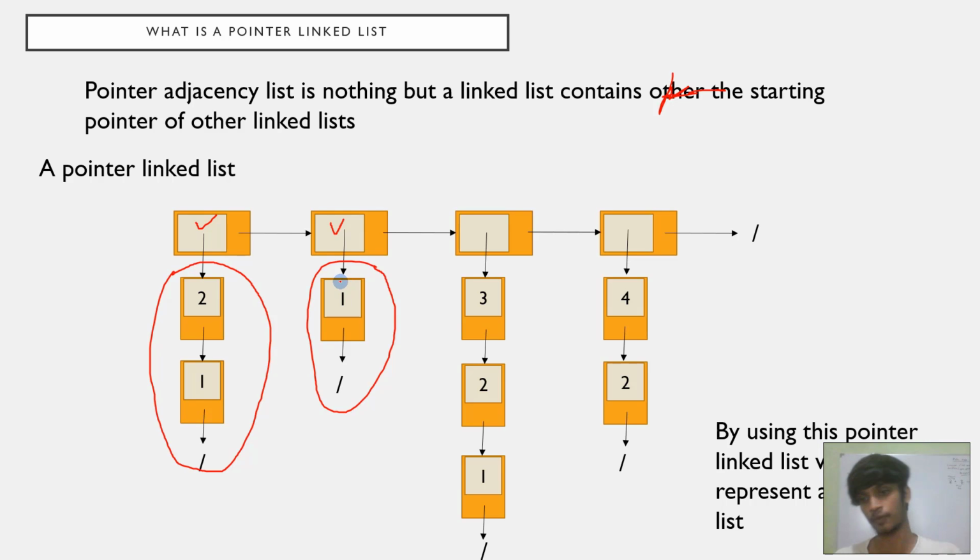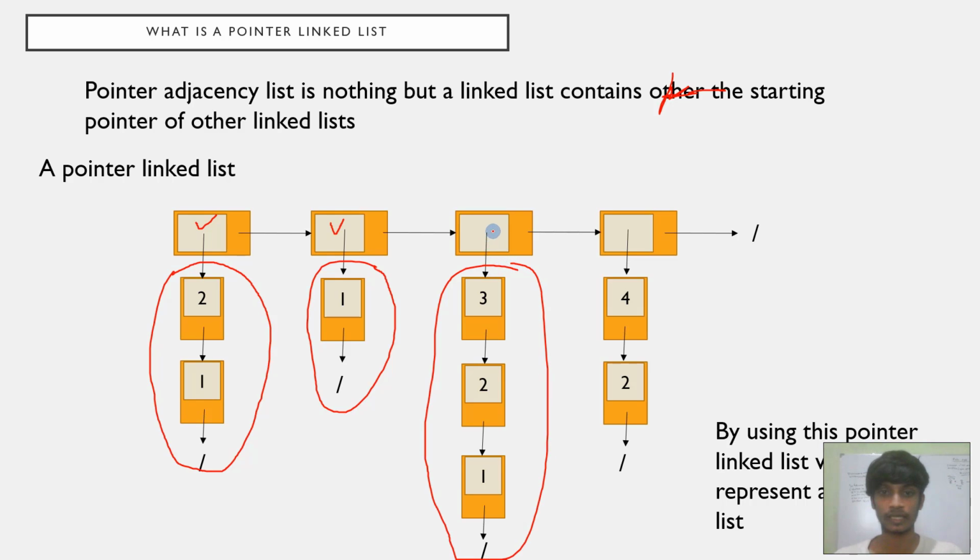Therefore, if we store the pointer, then we can define which linked list we have pointed to. Okay. So this is another linked list. The starting node of this linked list is also contained over here. The starting point, or head pointer, is contained over here. That is why it's known as a pointer linked list. So I think the pointer linked list is clear now.